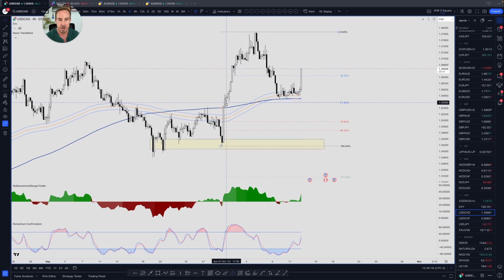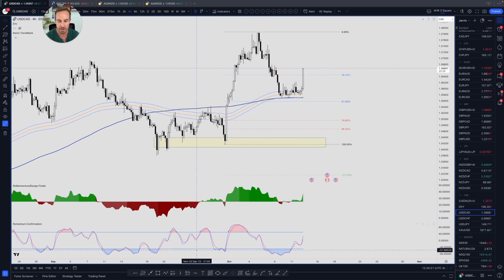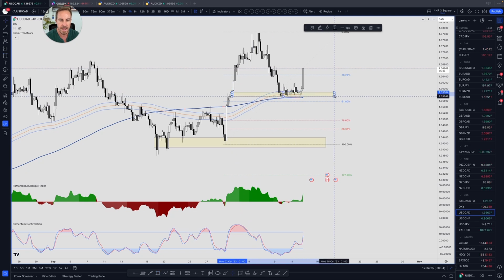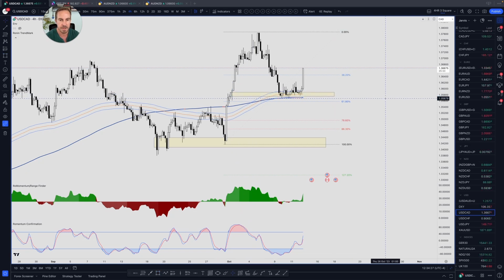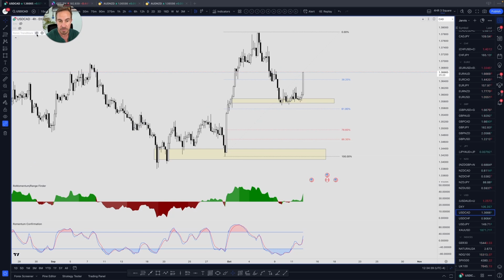So dollar CAD camped out on the support right here, right? And we had a big rally following that data, but it really looked for a minute like it was going to push through. I like to combine this with my envelopes and various moving averages, but beyond that, Fibonaccis, right?